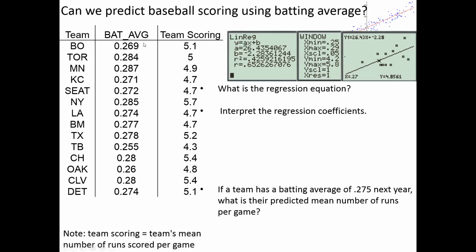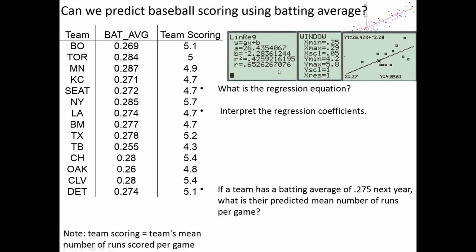You can put this data in your calculator. The independent or explanatory variable is the batting average. The dependent or response variable in this case is the team scoring. If you run the linear regression, you should get these results.